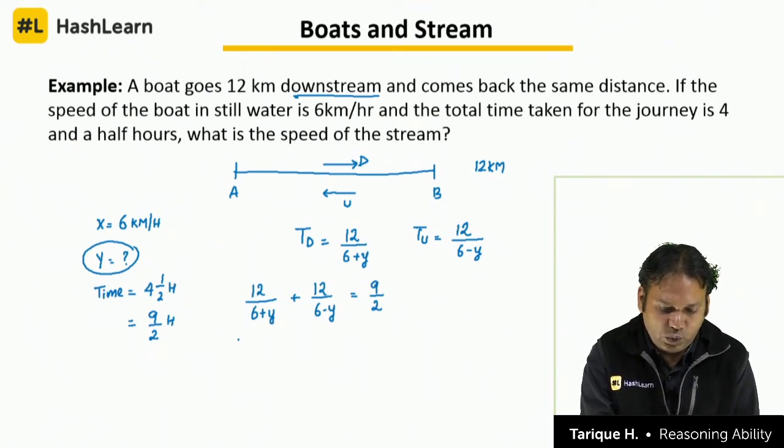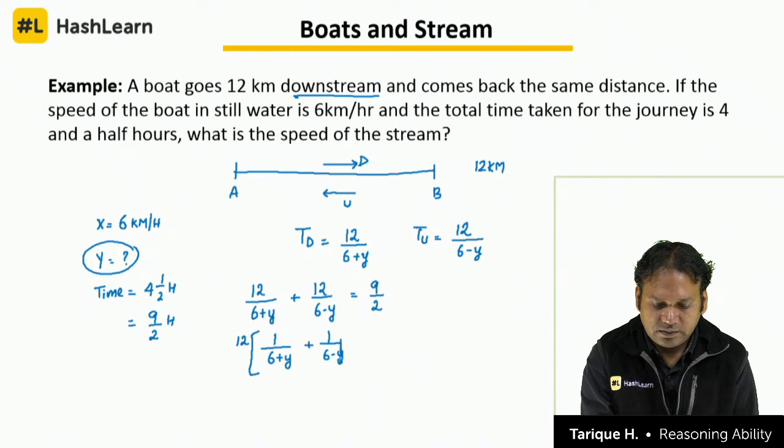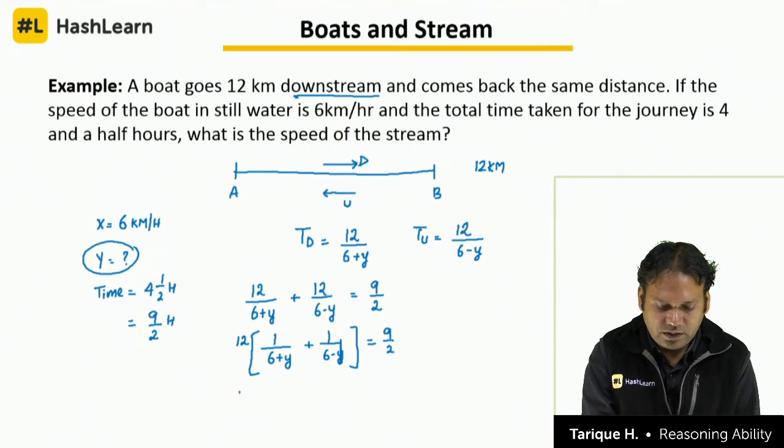So, what we can do, we can take 12 common here. It will become 1 upon (6 plus y) plus 1 upon (6 minus y) is equal to 9 by 2, that is 12 into the LCM.